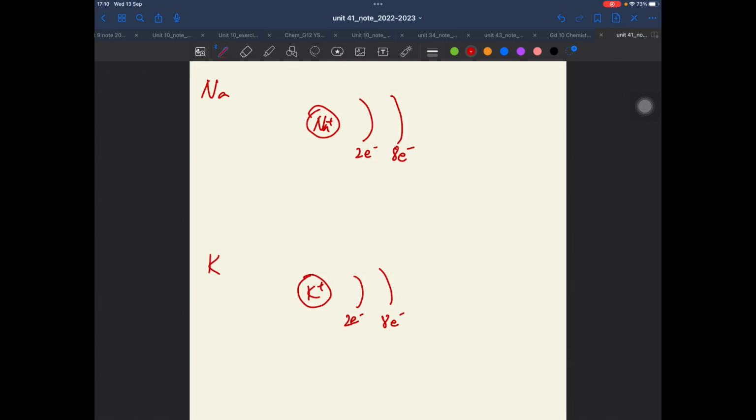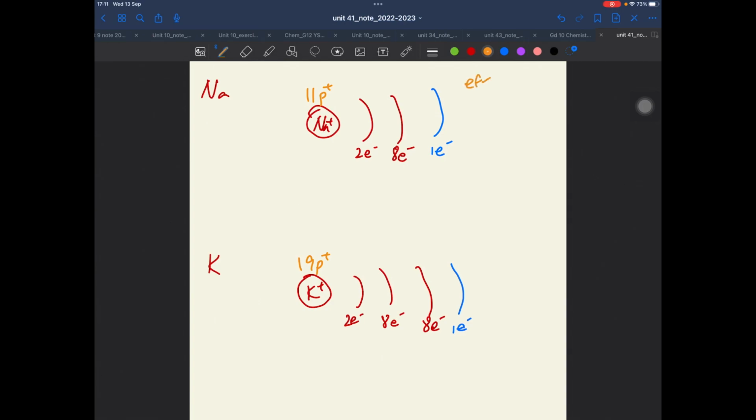But the difference is, for potassium, I have a third shell, also 8 electrons, and coming to the outermost shell, 1 electron. For the sodium ion, I have 11 protons. The potassium ion, I have 19 protons. Okay, so have a calculation.